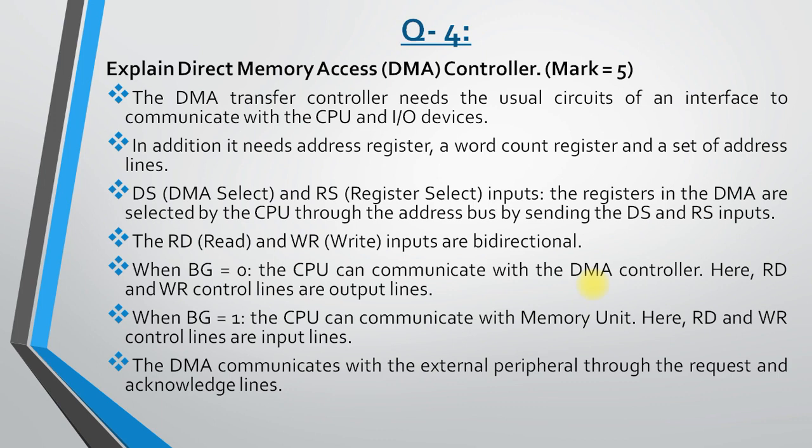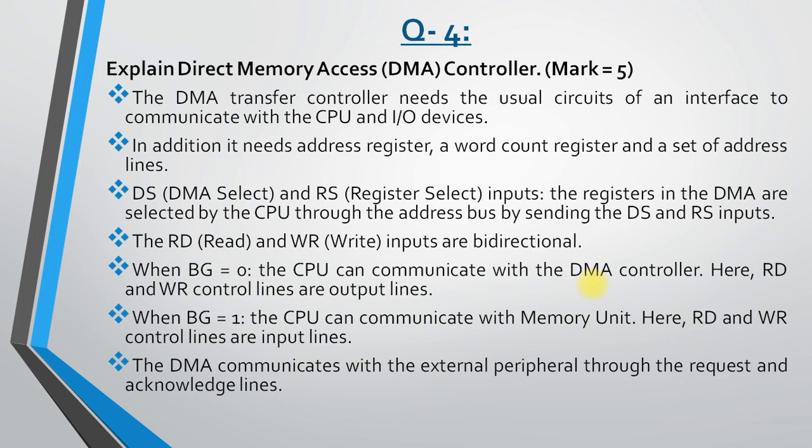In addition, it needs an address register, a word count register, and a set of address lines. So with DMA, we have an address register which is capable of storing the memory address. The word count register is responsible for counting different words, and we have different address lines which are used for communication purposes.